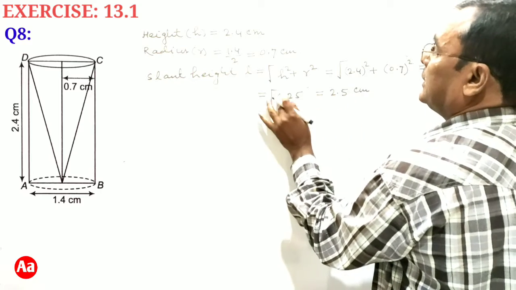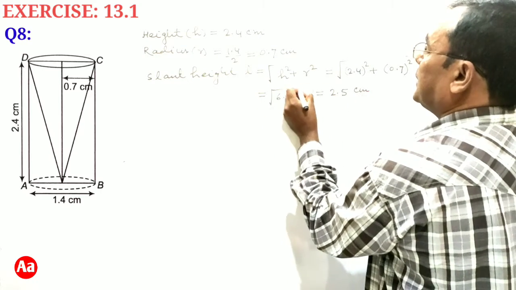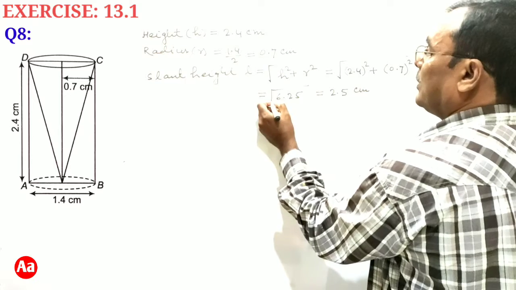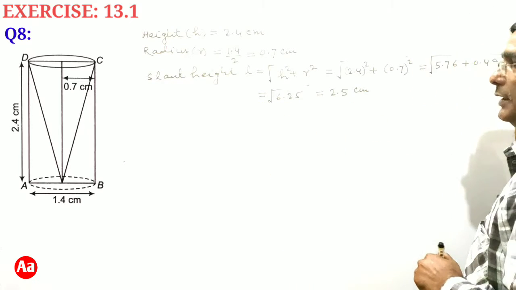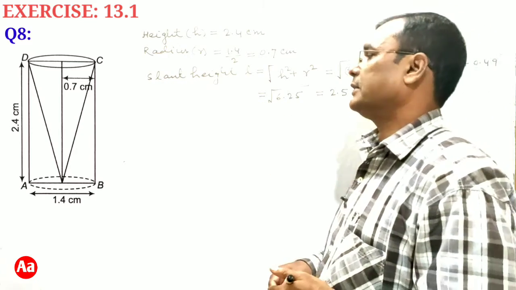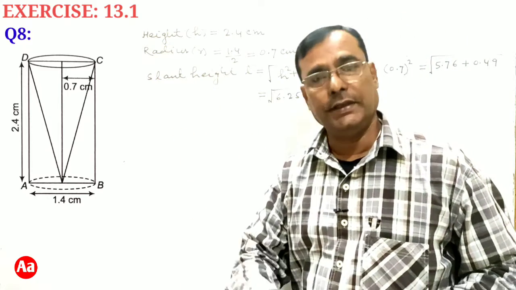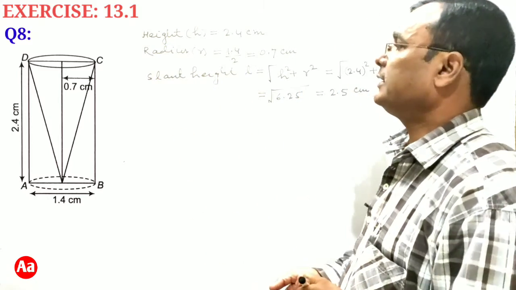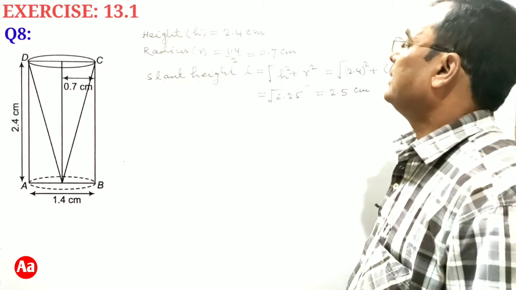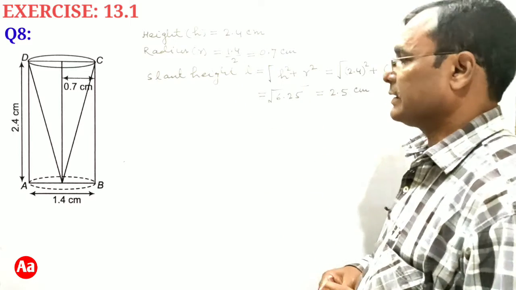So we have got 2.5 centimeter as the slant height of the conical cavity hollowed out from the solid cylinder of given height and given radius.